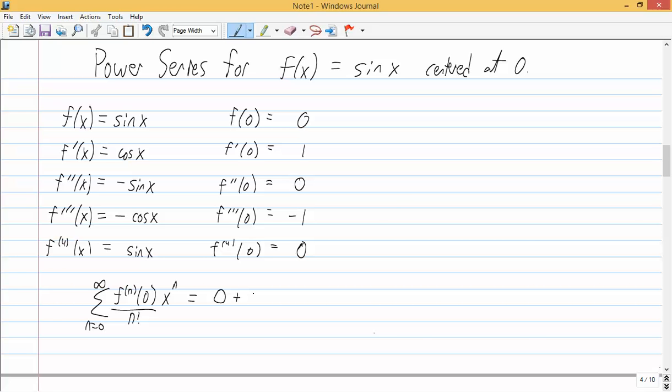Plus, the second term, we need f prime of 0, so that's 1, times x minus 0 to the first power over 1 factorial. Alright, plus 0 times x minus 0 to the second power over 2 factorial.